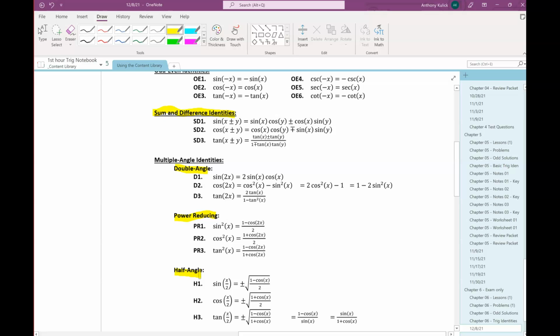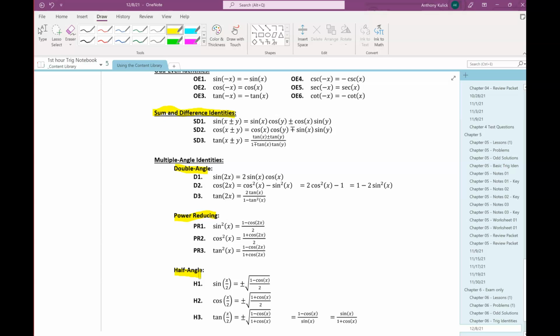What I'm going to ask you to use these for is to find the exact values for angles that are not necessarily on the unit circle.